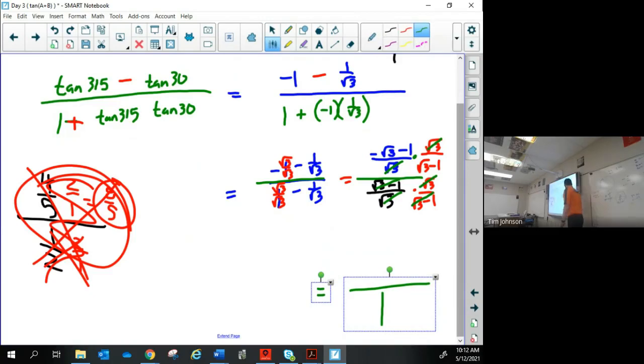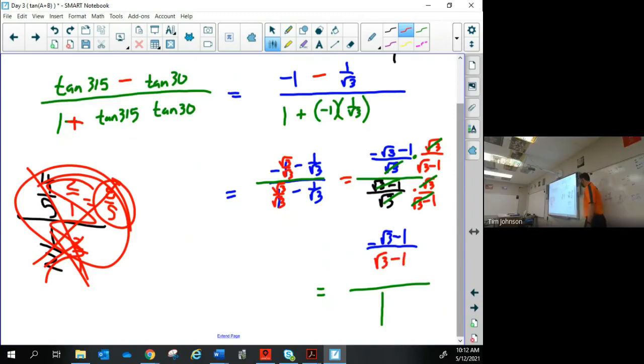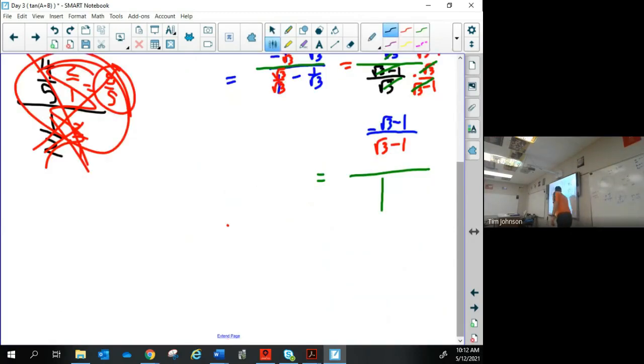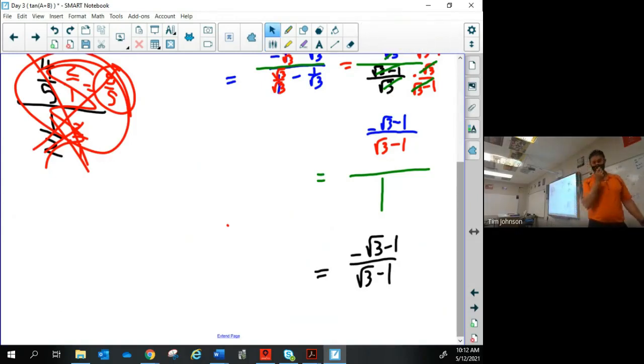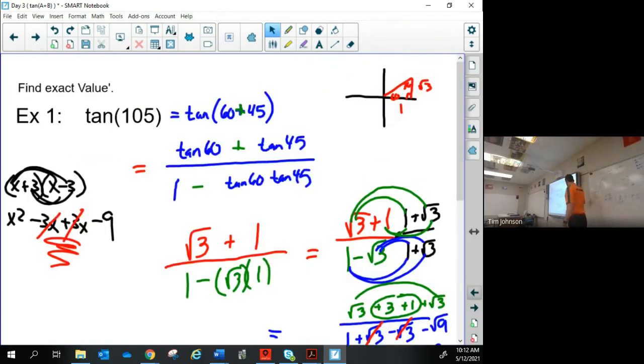Yeah, I know. I'm left with my answer of negative square root of 3 minus 1, then all over square root of 3 minus 1. So here's my answer. This is basically this. All I've really done is get rid of the fractions. We are right back to where we were.